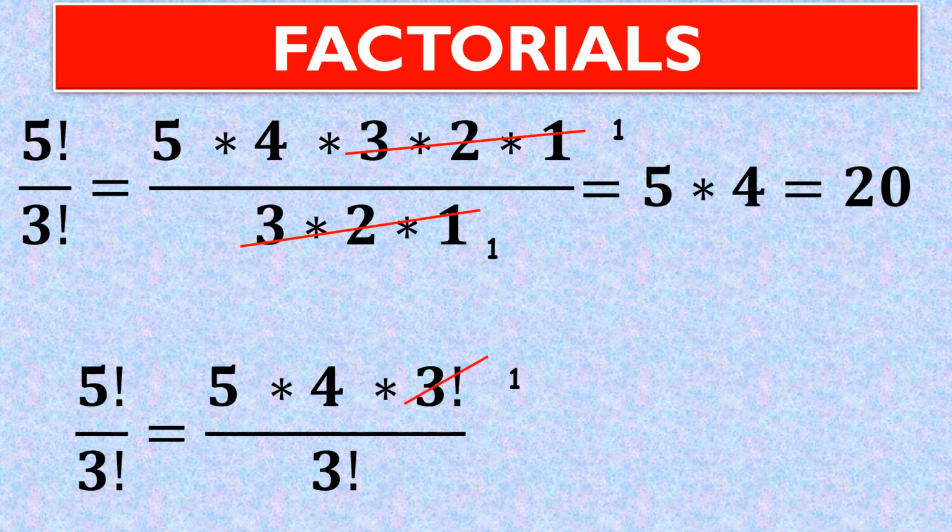And then therefore the 3 factorial simply cancels out just as we had done before. So we have 5 times 4, and that is equals to 20, which is the same as what we did above. What we just did below is to rewrite the question in terms of factorial.